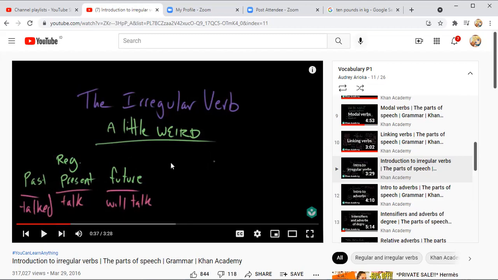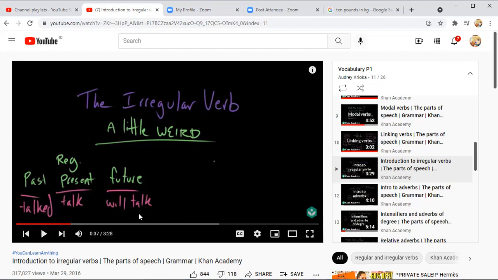So mostly if it's a regular verb, you will be able to change into verb 2 and verb 3 just by adding ed. But an irregular verb does not have a certain formula that you can actually count on.